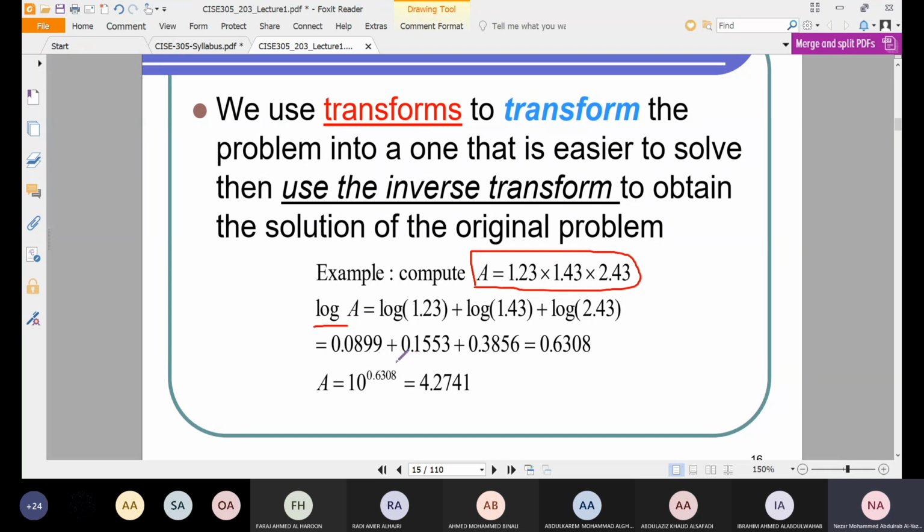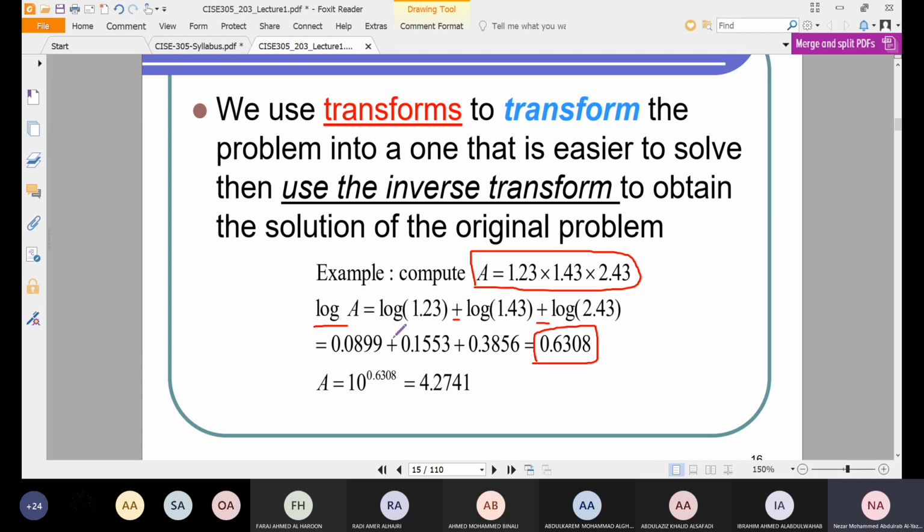Logarithms help us convert the multiplication to a sum. So log of A is equal to log of this term plus log of this term plus log of this term, and this is equal to this one. So now I convert the problem from a complex one, multiplication, to a simple one, a sum.